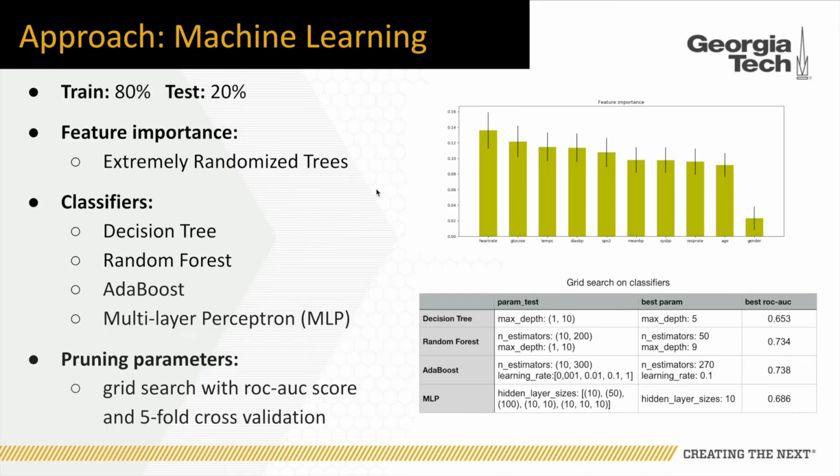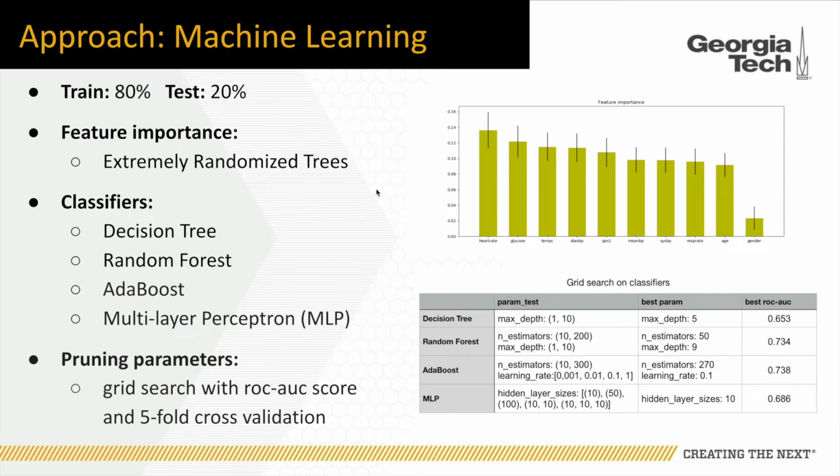For the machine learning approach, we are splitting the training set and test set as 80% and 20%. We are using 5-fold cross-validation on our training dataset. First, we calculate feature importance, trying to rank different features in order to eliminate unrelated features, which do not affect our model much.